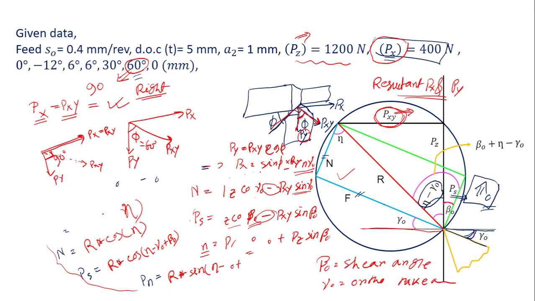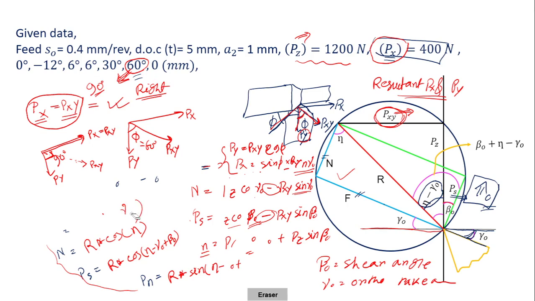So this is the reason: if our principal cutting edge angle is 90 degree, then pxy is equal to px. So if in the question the principal cutting edge angle is given as 90 degree, then you need not find the values of py and px this way. Directly you can take the px value as pxy. This is the first thing.